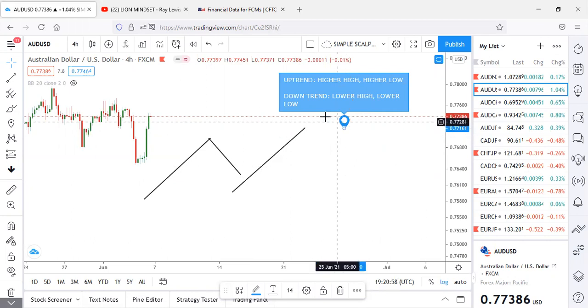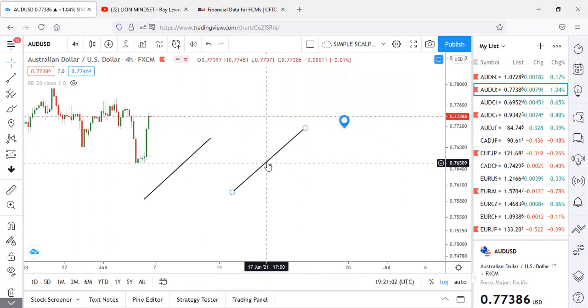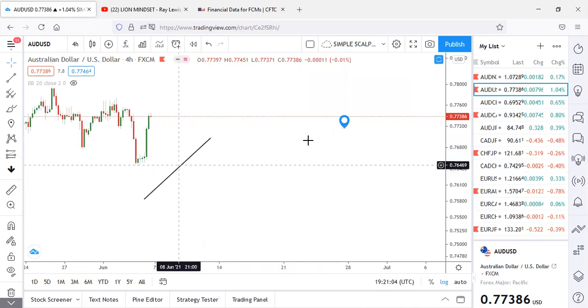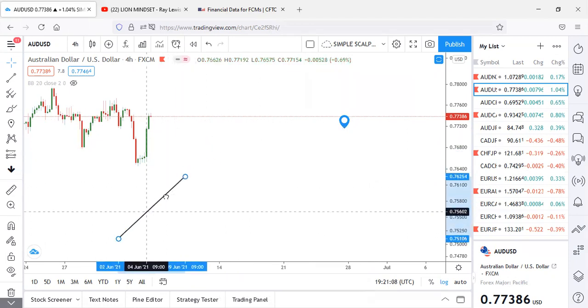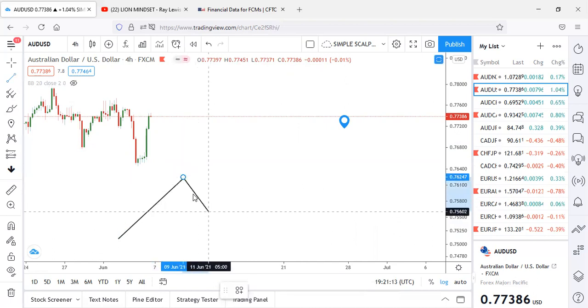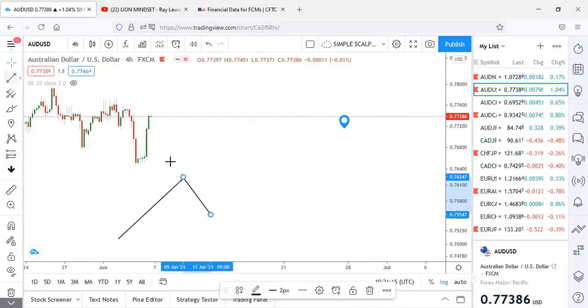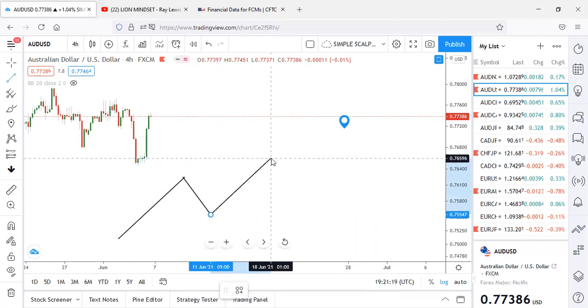So how can we recognize that? I'm going to put that to practice for you. So like I said, you want to be able to see something like this, in the case of lower highs and lower lows.